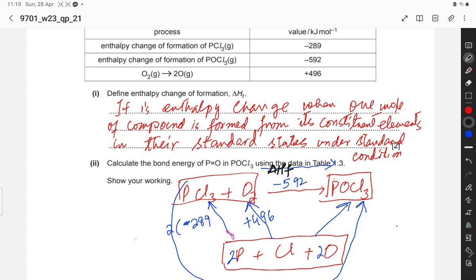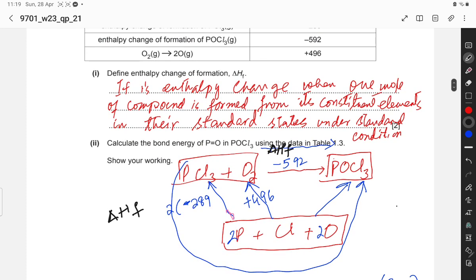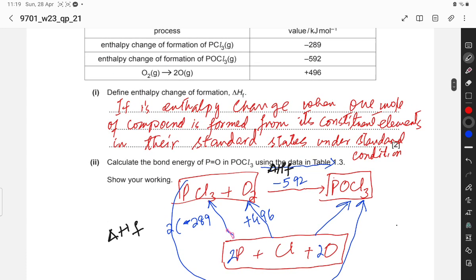So 289 is the enthalpy change of formation of PCl3, delta HF, and plus 496 is the enthalpy change for the oxygen atom.